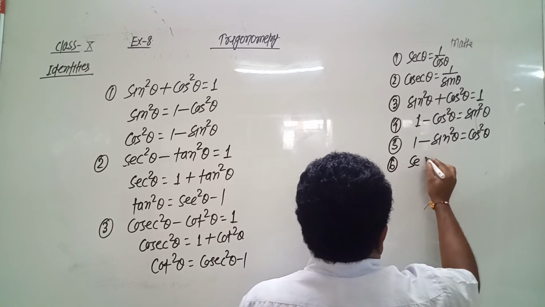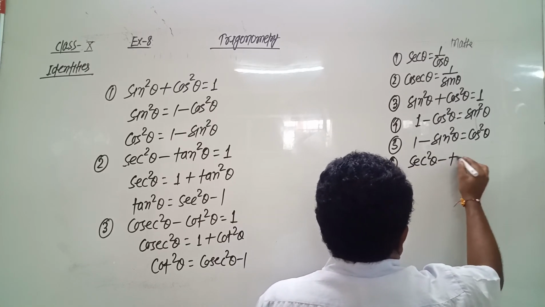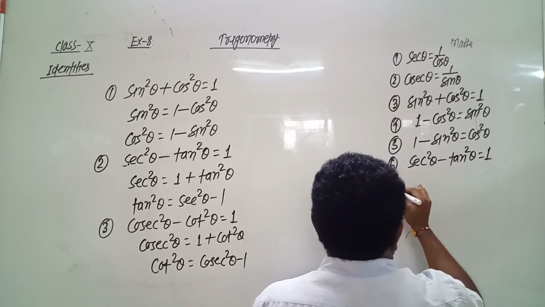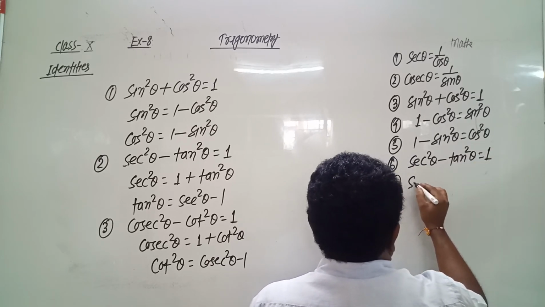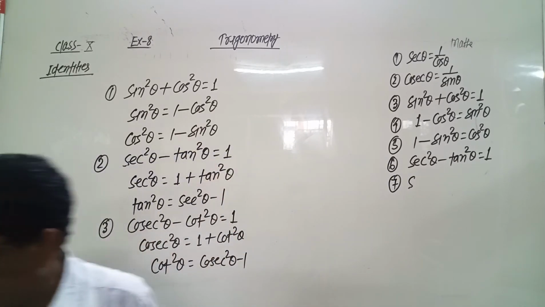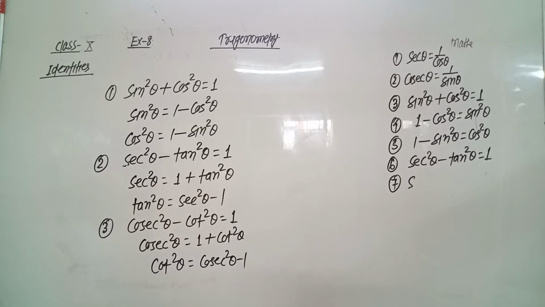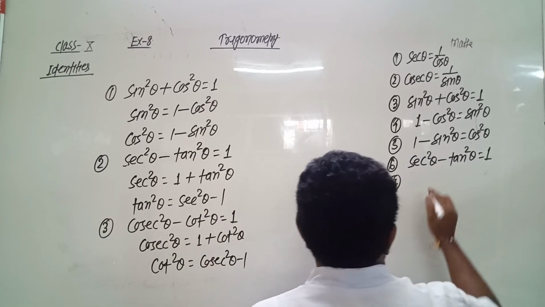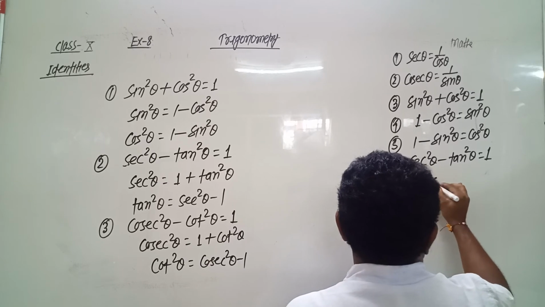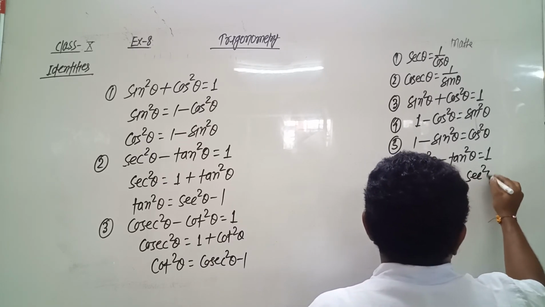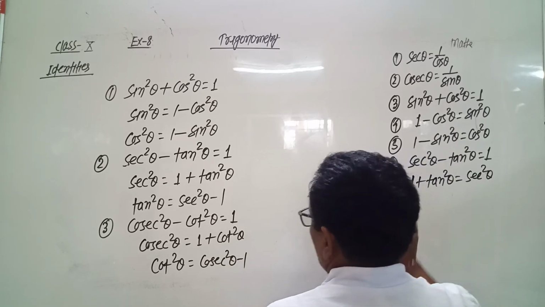Then sec squared theta minus tan squared theta equals to 1. Then 1 plus tan squared theta equals to sec squared theta.